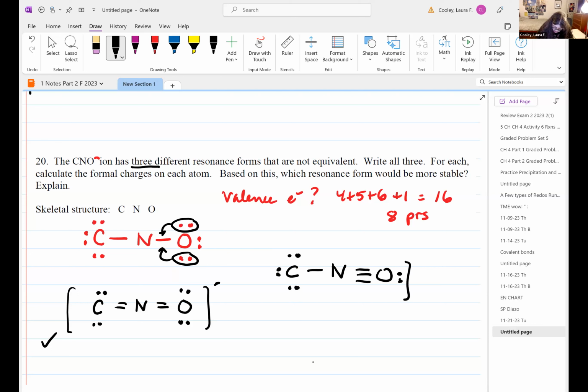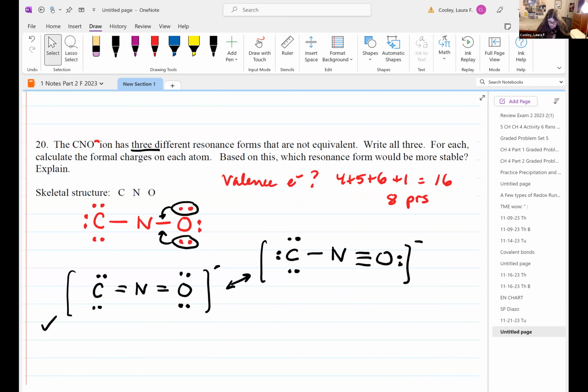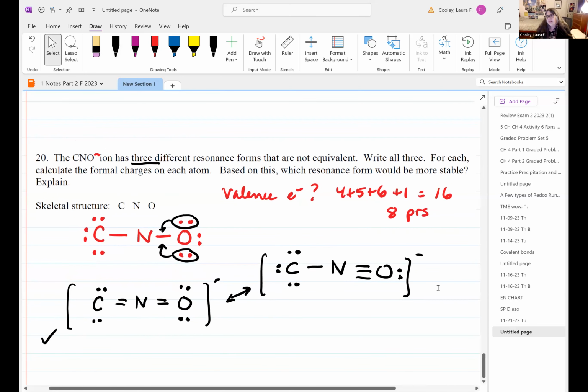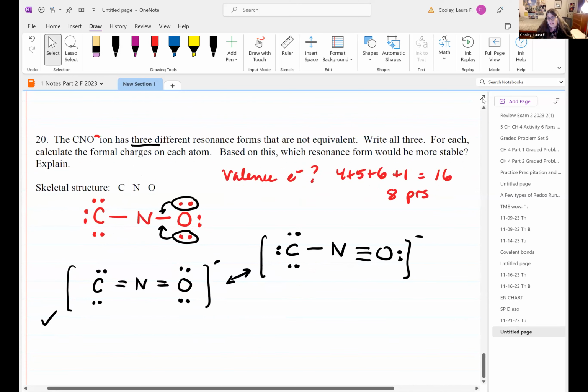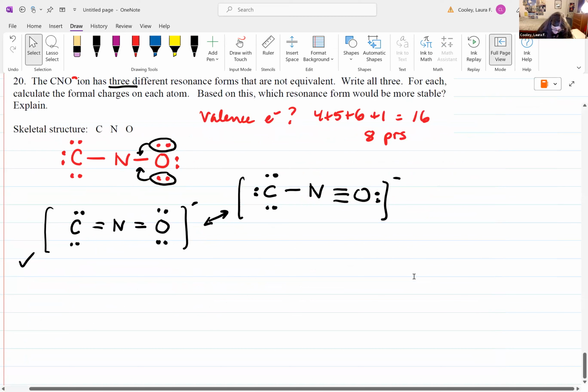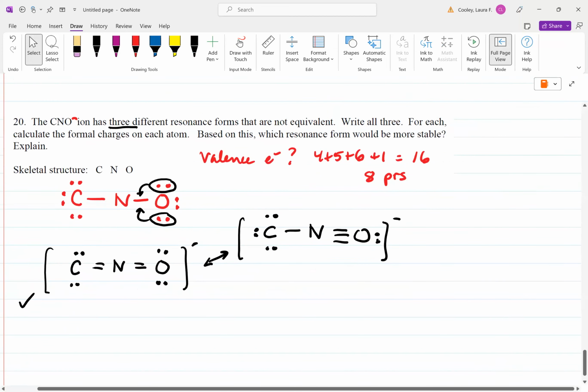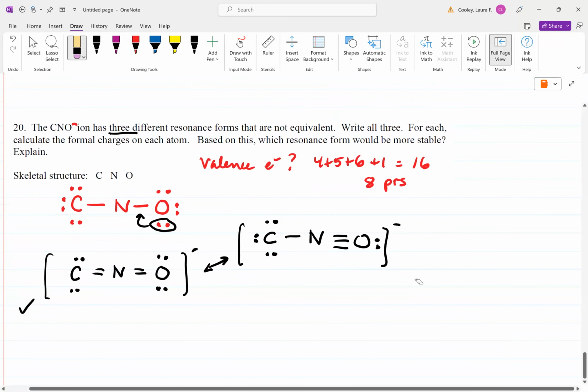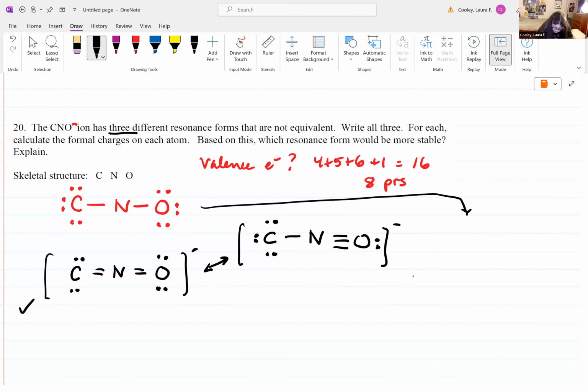We have octets on everything. So this is a resonance structure, another one. And what's the other thing we could do? Instead of doing this on the right, we could do it on the left, right?